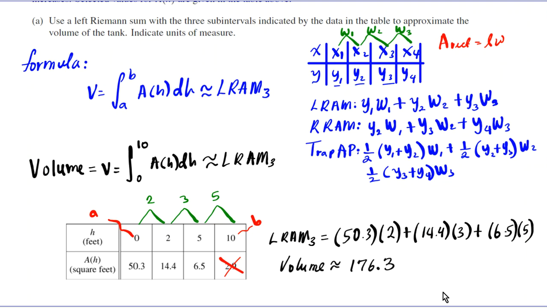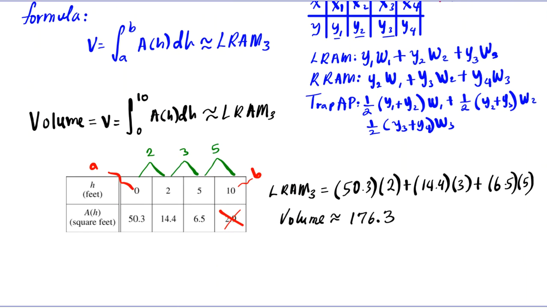Now, what is the unit? Remember, the problem asked you to indicate units of measure. So one big tip that you want to keep in mind: sometimes it's obvious to determine what the unit is. For instance, volume is easy to determine, but sometimes it might be unclear what the unit of your final result is.